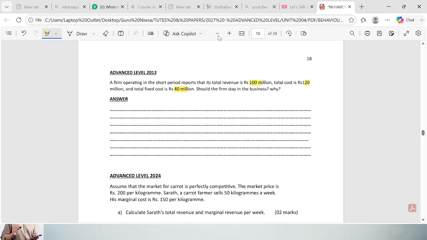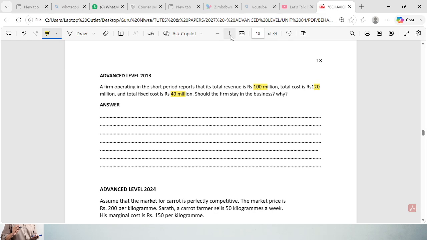Total revenue given 100 million, total cost 120 million. Out of 120 million, 40 million is the total fixed cost. Should the firm stay in the business? Why?